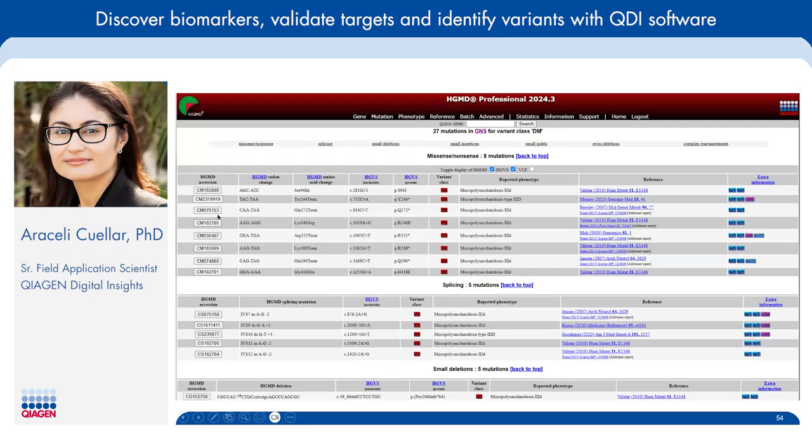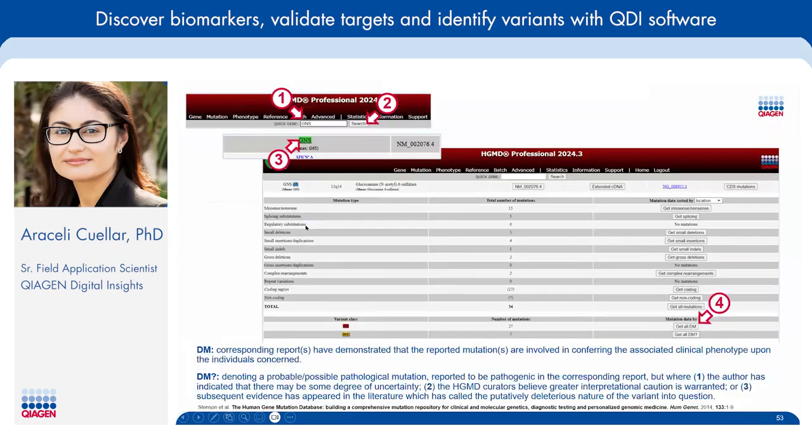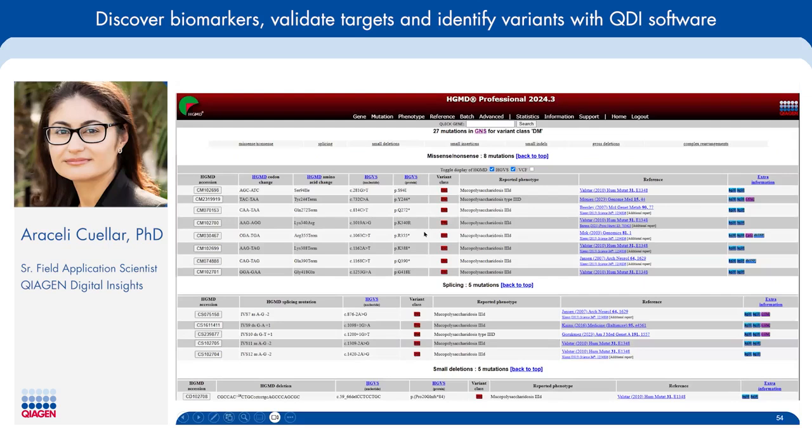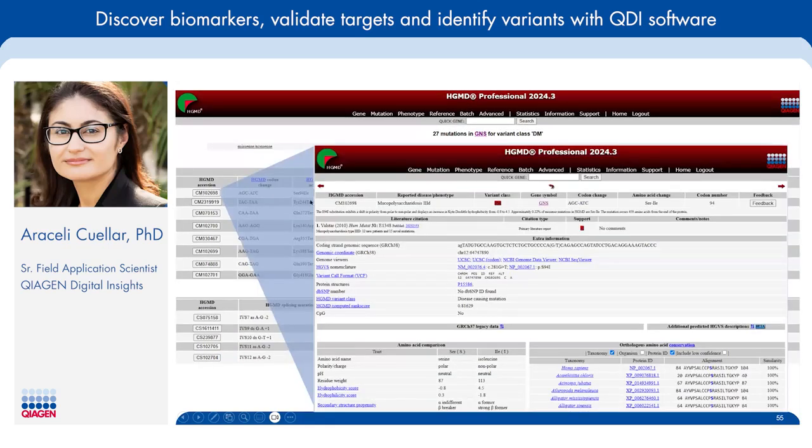Once you select your gene and your different mutation types of interest, they're going to be displayed as a table, allowing you to quickly view the different types of information that those variants are associated with. Here, you can select the accession number and get greater detail on exactly what that variant is, and take a look at some of its biochemical and prediction information.